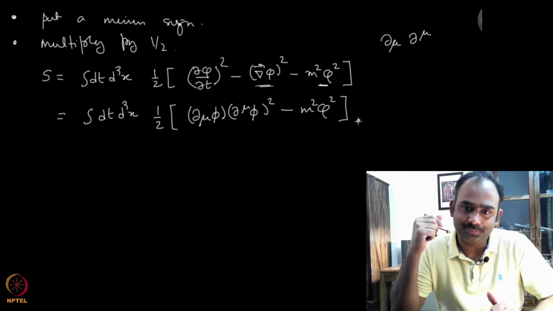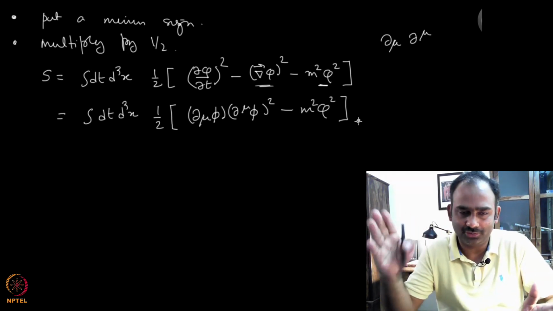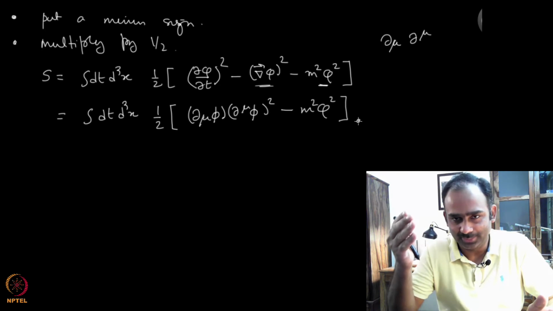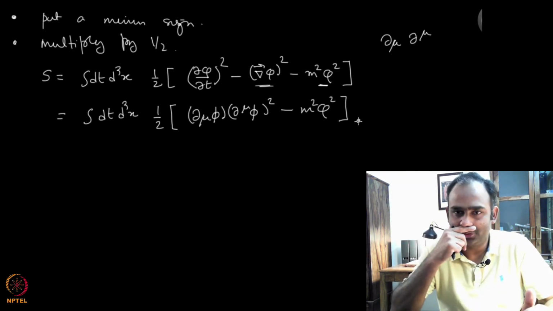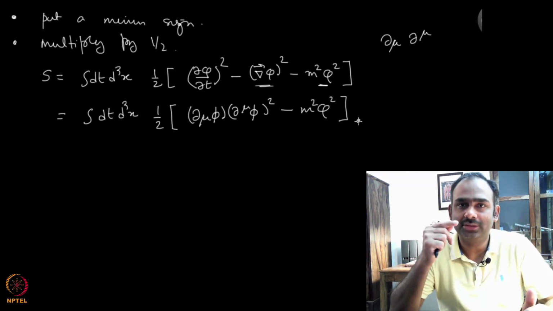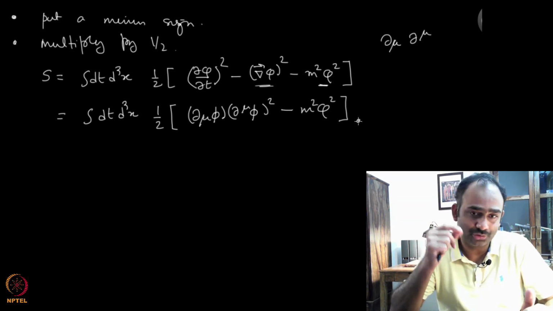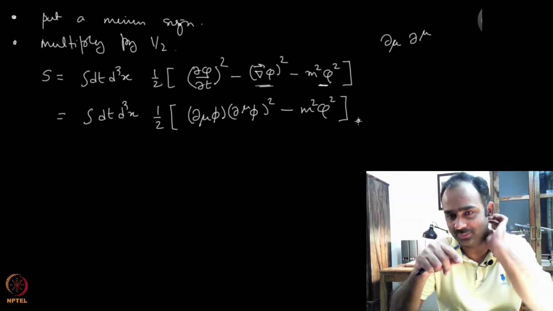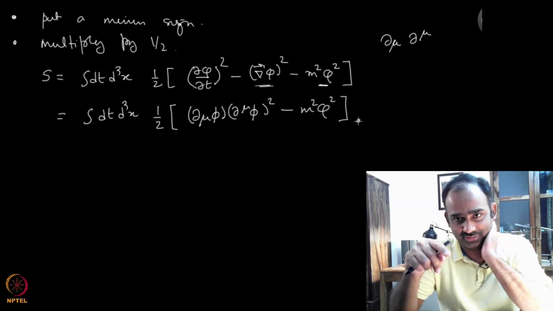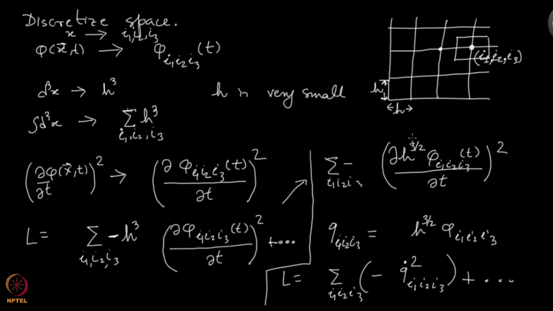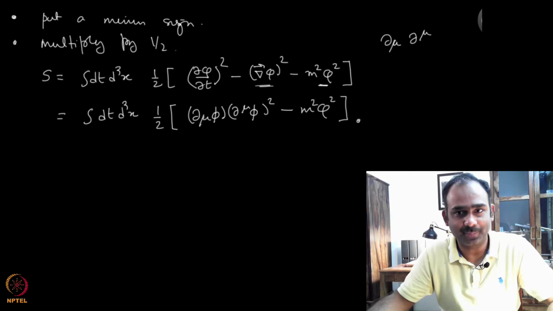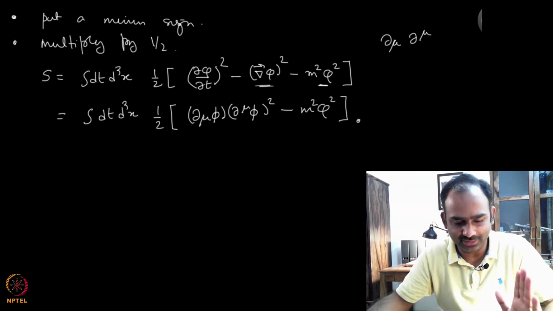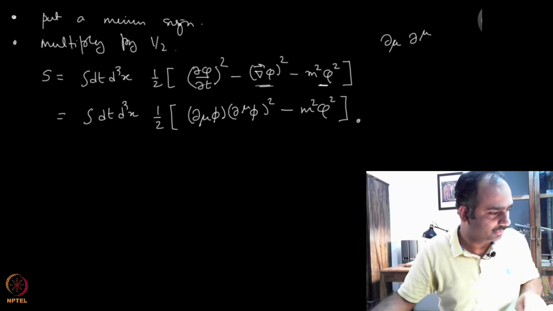Okay, good. Now, we have the action in front of us. We know what the coordinates are. Now, what we should do is find out what the conjugate momentum is. So, the momentum conjugate to phi, or more appropriately h^(3/2) times phi, because I am going to use discrete space to find the conjugate momentum.